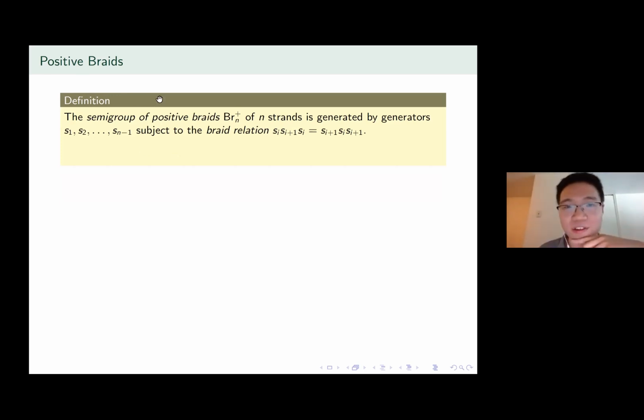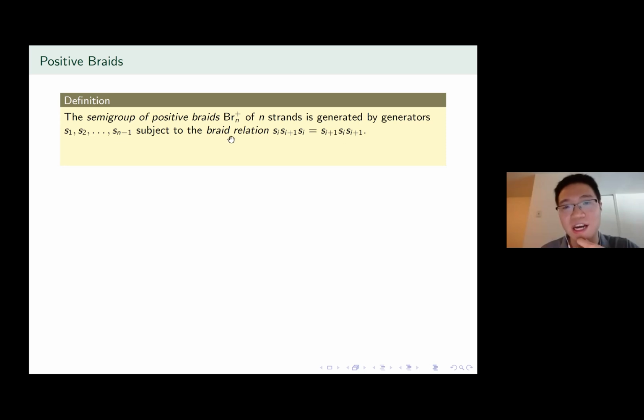So let's move on to positive braids. What are positive braids? Basically, the semigroup generated by a bunch of generators. The set of generators is the same as for the symmetric group, and then you subject it to the braid relation, the good old Coxeter relation, but you do not put in s_i squared equals identity.